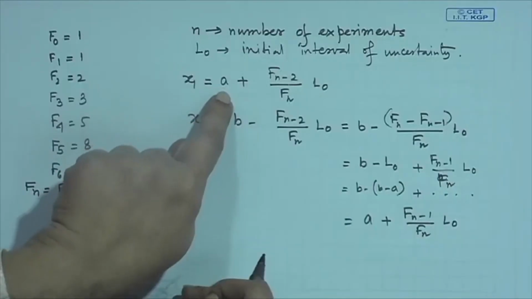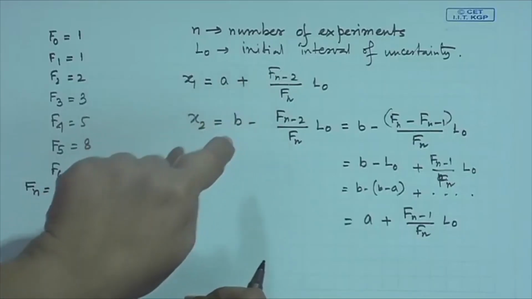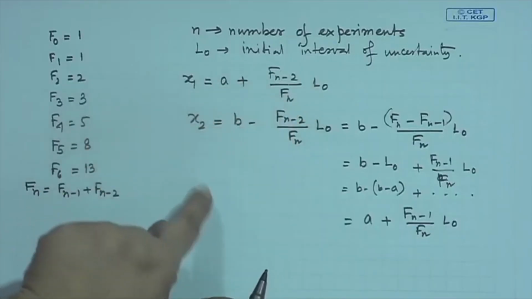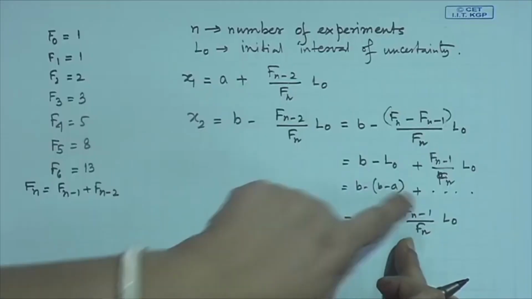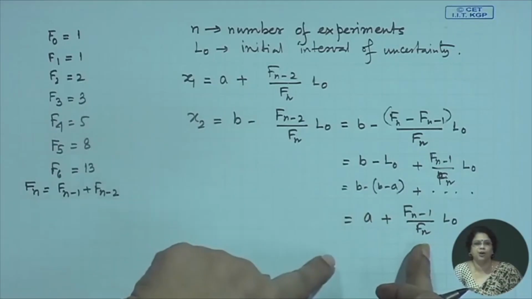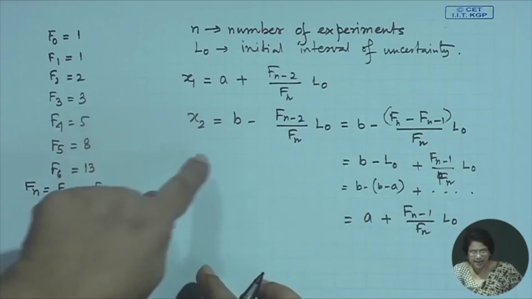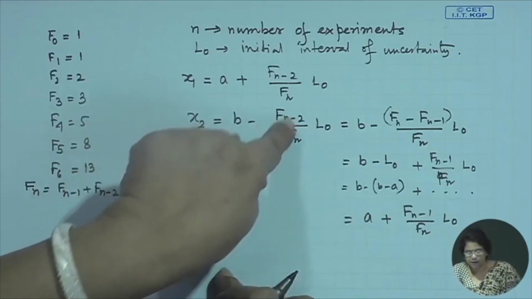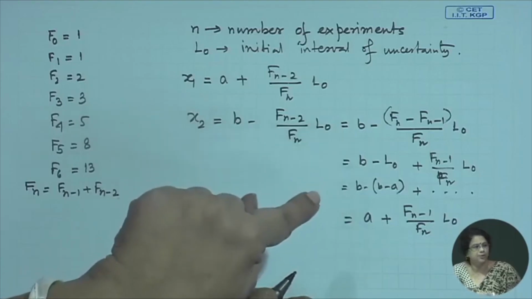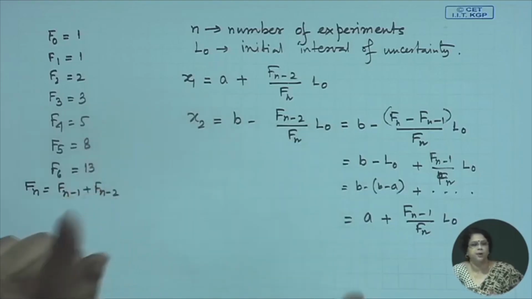The first one is a plus Fn minus 2 by Fn into L naught, and the second is a plus Fn minus 1 by Fn into L naught. In another way I can also say b minus Fn minus 2 by Fn into L naught. I got 2 experiments up to this.